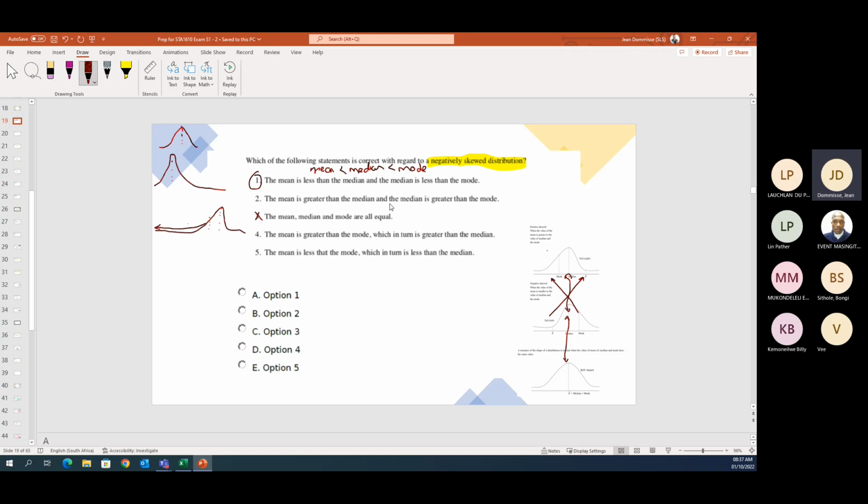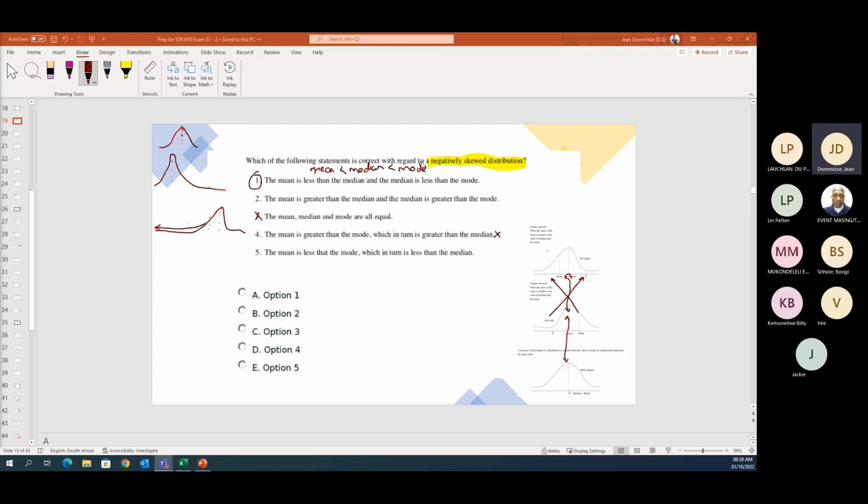The mean is greater than the mode, so that already is not going to work, because the median doesn't matter if it's negatively skewed or positively skewed, the median is always in the middle.